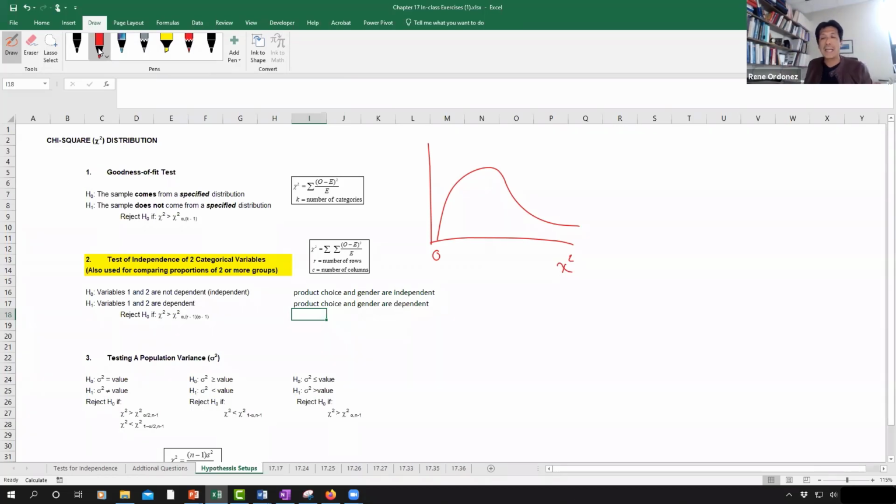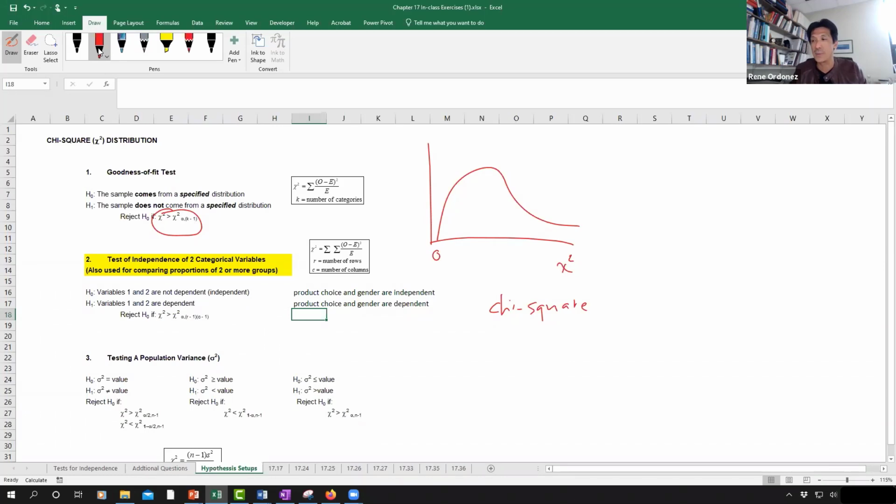So like in the previous chapters, when we do hypothesis testing using the chi-square distribution, we are still going to be comparing what we call the computed statistic. This time, the computed statistic is known as the chi-square statistic. So we compare the computed statistic to a critical statistic.